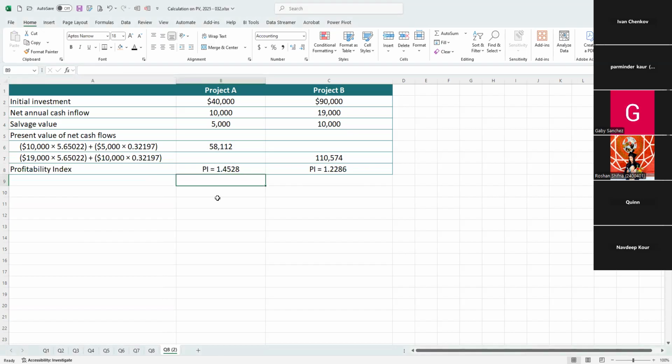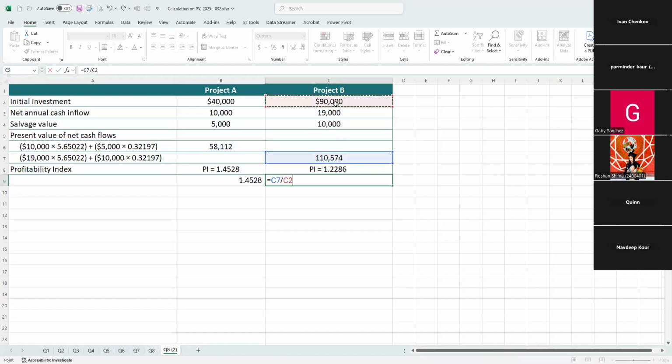So in this case, let's check if that profitability index is correct. If we take the present value divided by the initial investment, are we going to get the same? Yes, we're getting the same. So that's our profitability index in this case. And the next profitability index is the present value divided by the initial investment.